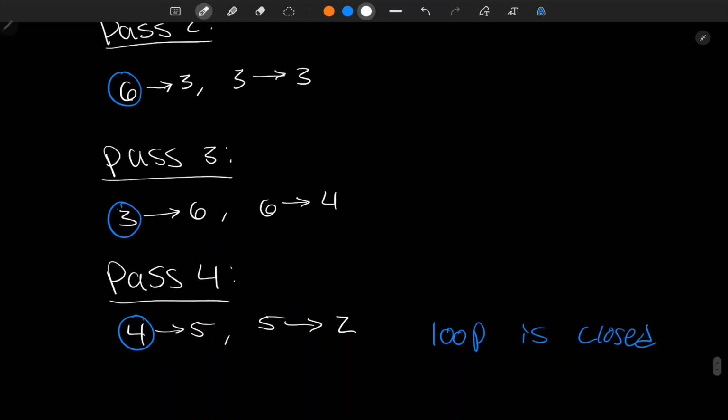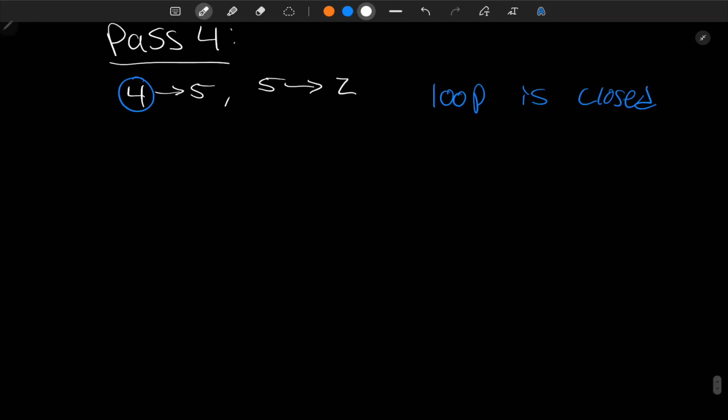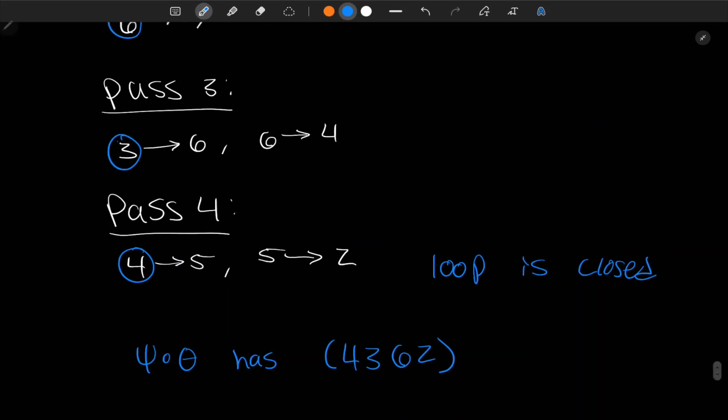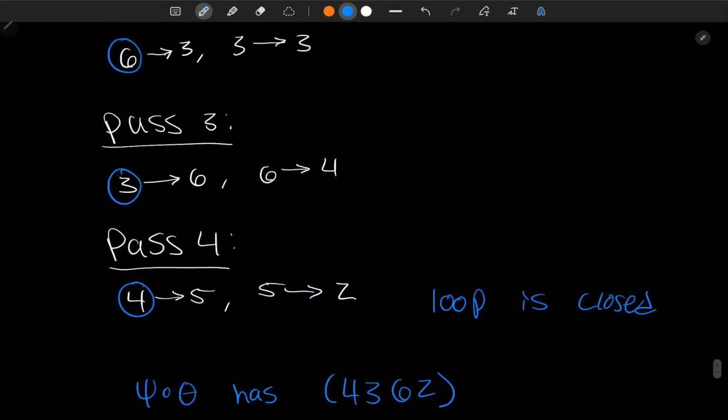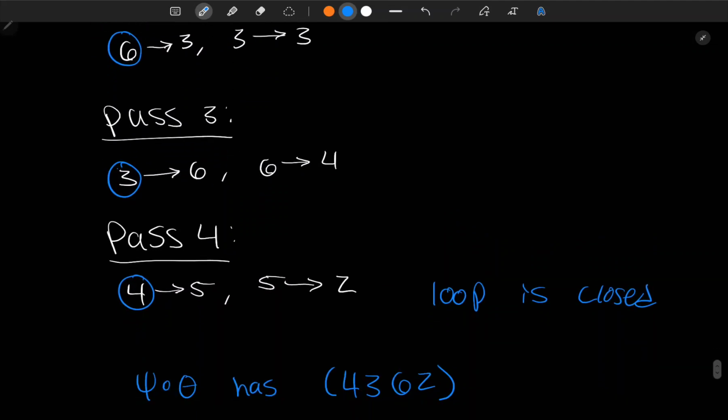So we say the cycle is 4, 3, 6, 2. So psi composed with theta has as one of its components 4, 3, 6, 2. And that's because we read all of the first elements of each pass, we read it backwards. So 4, 3, 6, 2.